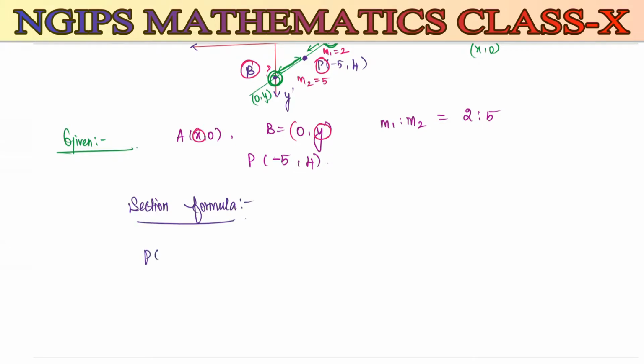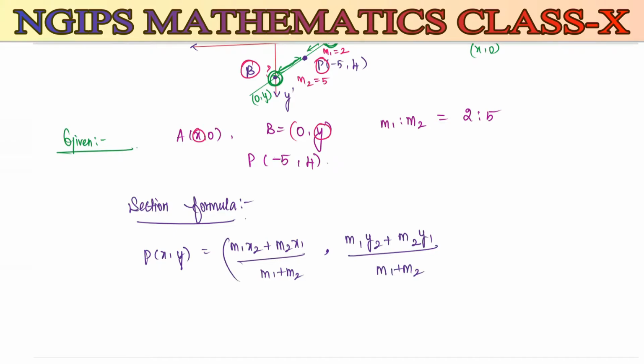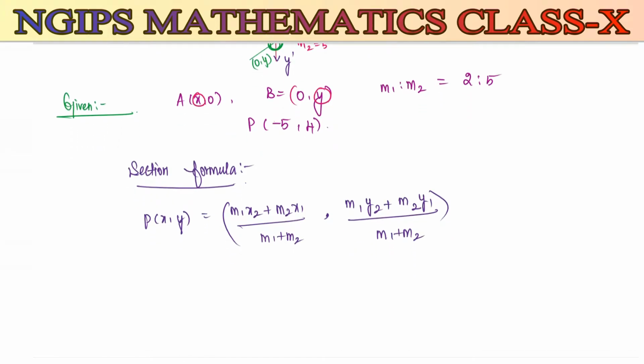So P of x comma y is equal to M1 x2 plus M2 x1 divided by M1 plus M2 comma M1 y2 plus M2 y1 divided by M1 plus M2. So just I am going to substitute the values here. P of x comma y.